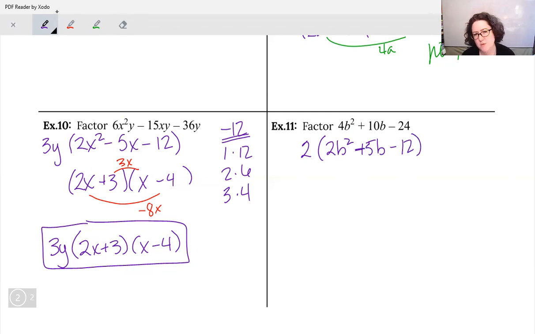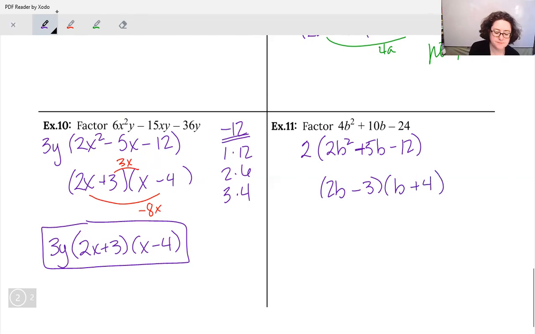The only difference is we have a positive 5 instead of a negative 5. So we can actually use the work that we just did. When we used a positive 3 and a negative 4, it ended up giving us that negative 5 in the middle. So let's flip-flop it. Let's try 2b minus 3 and b plus 4 and see if that works for us.